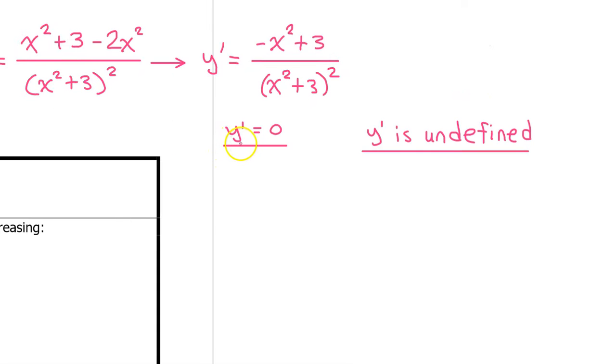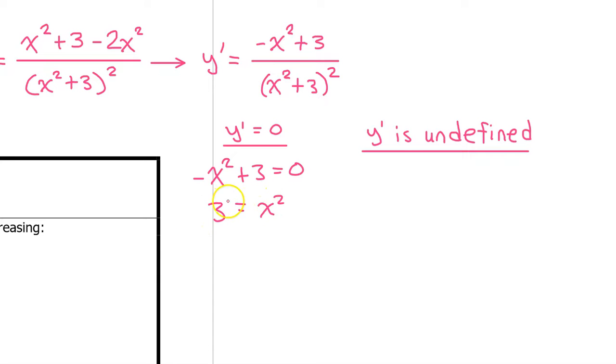Next, we need to find where y prime is equal to 0 and where y prime is undefined. A rational function will equal 0 when the numerator is equal to 0. So that's negative x squared plus 3 is equal to 0. Adding x squared to both sides, we have 3 is equal to x squared.